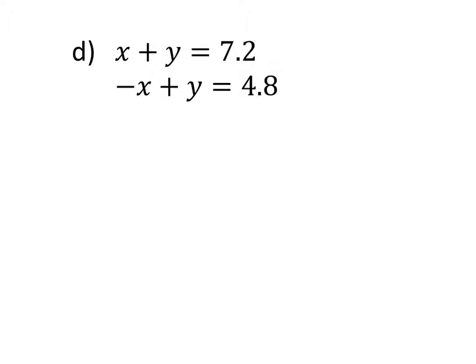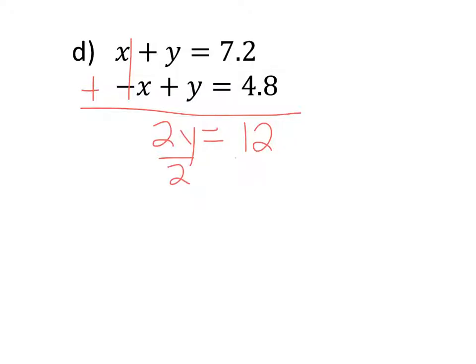Okay, let's go ahead and add. X minus x cancels out. Y plus y is 2y equals 7.2 plus 4.8, which is a nice 12 even. Divide by 2, y equals 6.